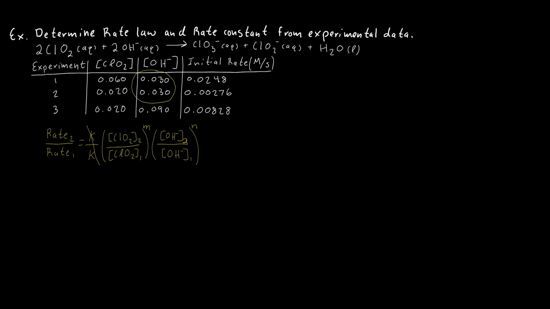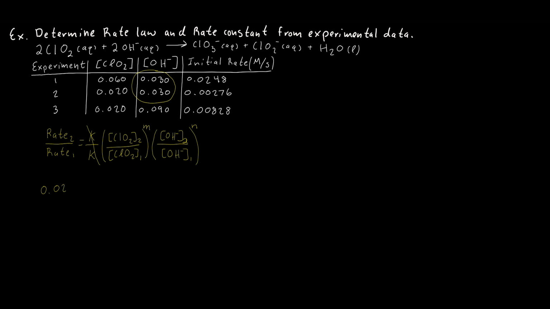So then if we plug that into our equation below for experiments 1 and 2, the OH over OH will equal 1, and 1 to any power will still equal 1, so those will cancel out. So let's plug it in. So we always put the larger rate on top, so it looks like experiment 1 is larger here, and that's just so that we get a whole number instead of a fraction for our final reaction order.